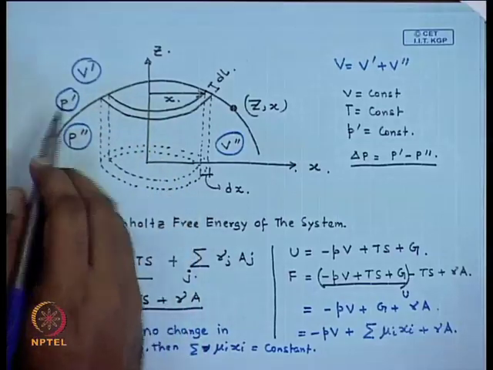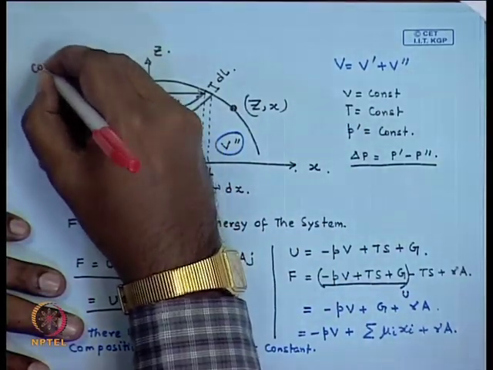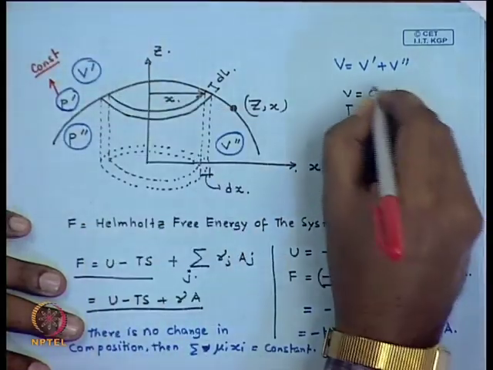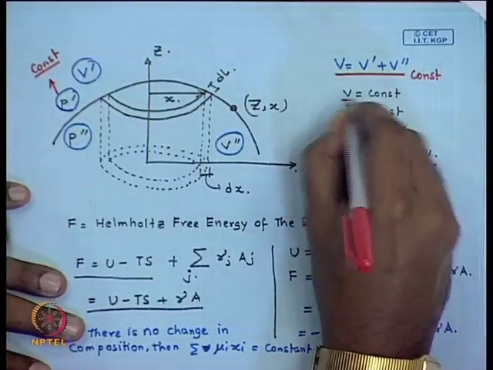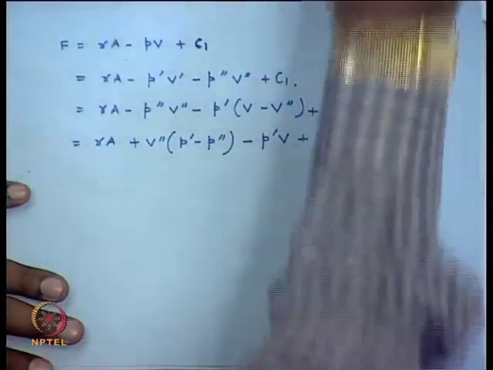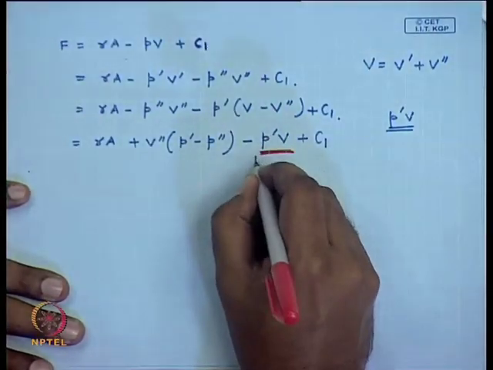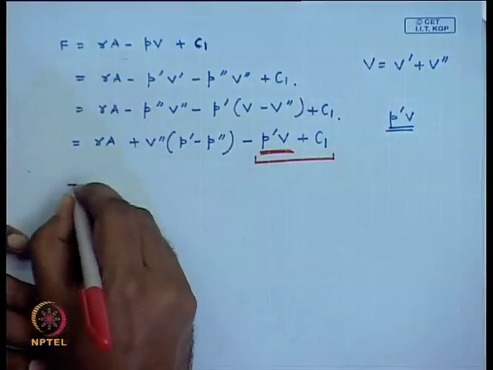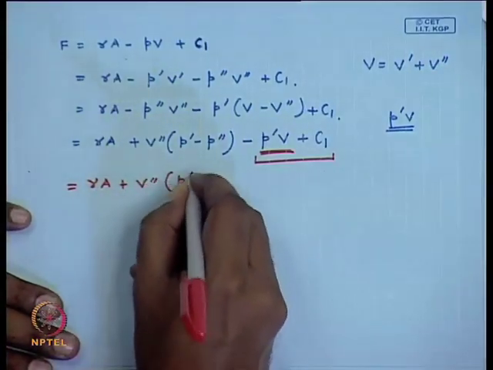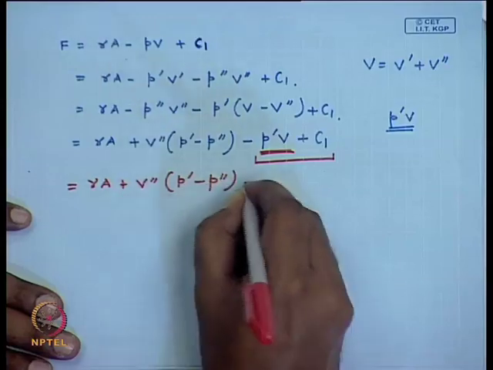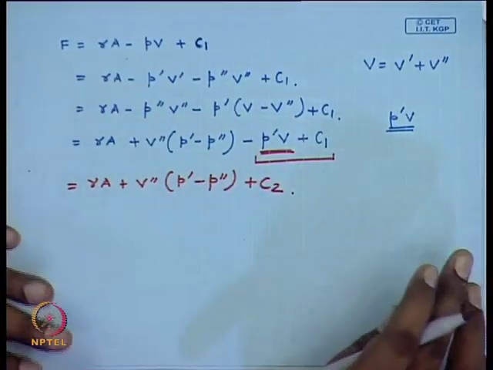So, this is constant, and V is the total volume. So, that is also constant. So, what it means is that this term is also constant. So, you can augment it within this constant to write something like gamma A. I will stop here.